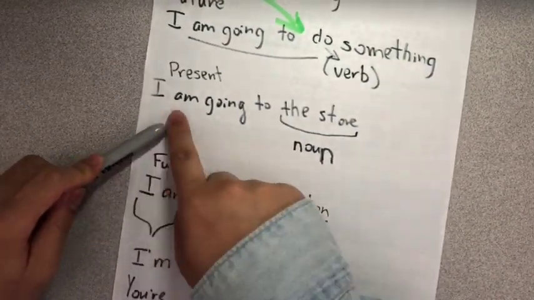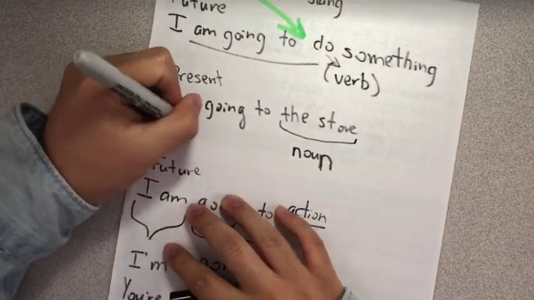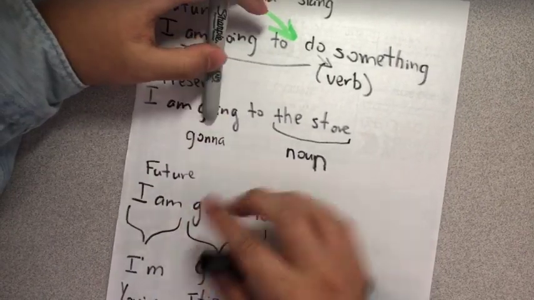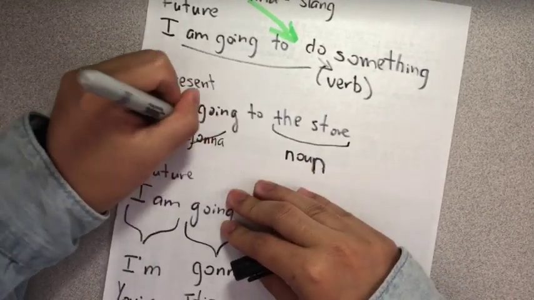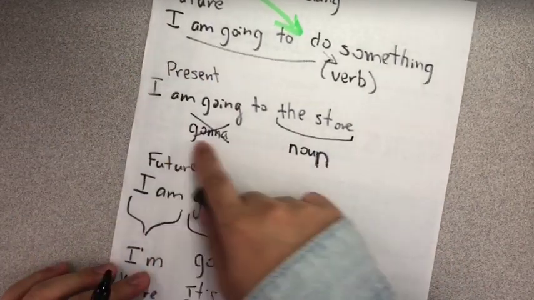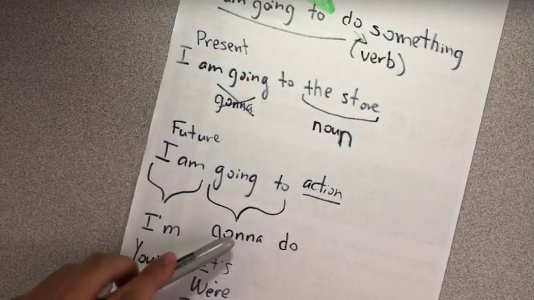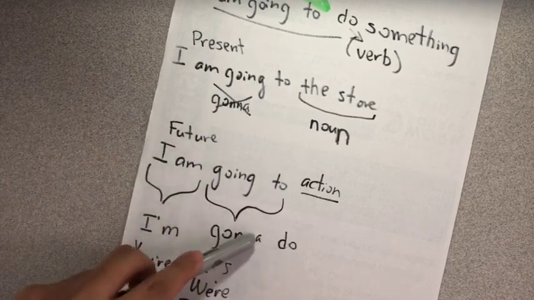So if we say, I'm going to the store, we don't say, I'm gonna the store, because this is the present and this is a noun. So no gonna. We just say, I am going to the store. But here we use gonna because it is the future and it is an action.